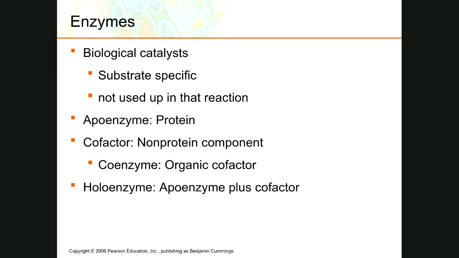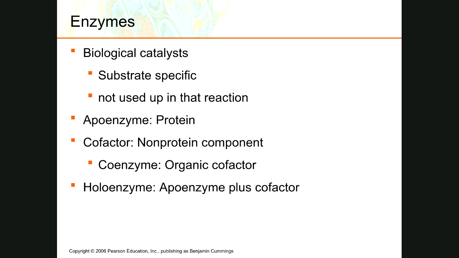So enzymes are biological catalysts. A catalyst is something that makes something else happen. And the enzymes are substrate specific. That means that only one particular substrate fits into the active site of that enzyme. And as hopefully you recall from Biology 150, that all has to do with all the chemical bonding and interactions that occur between molecules.